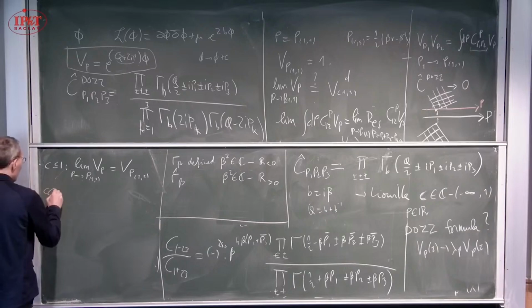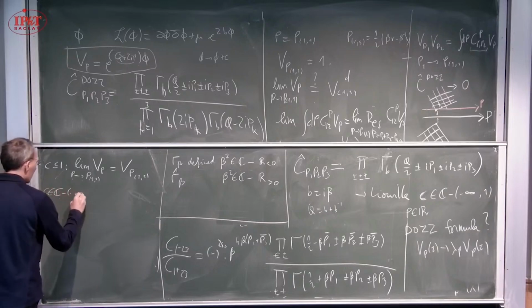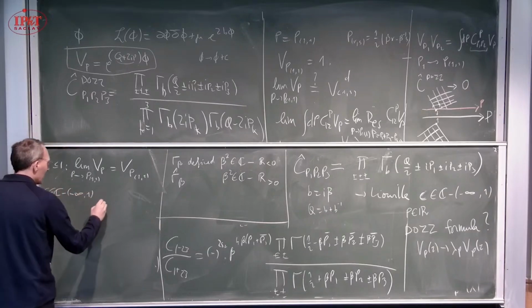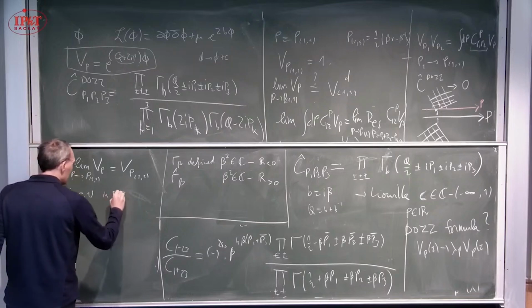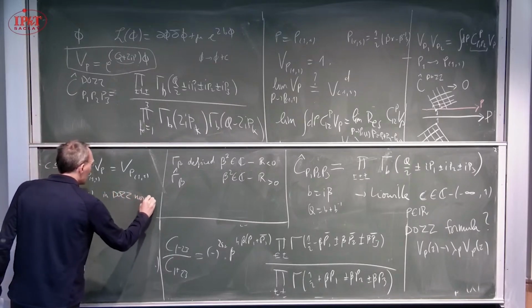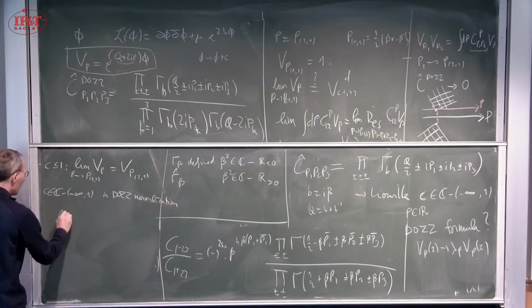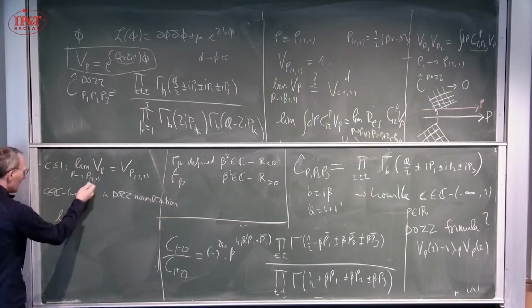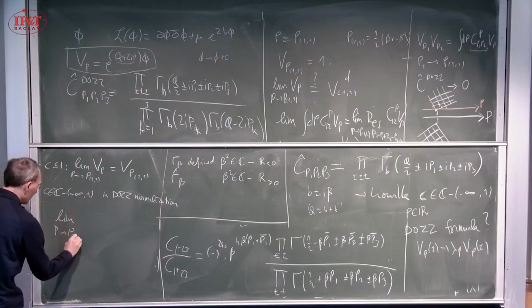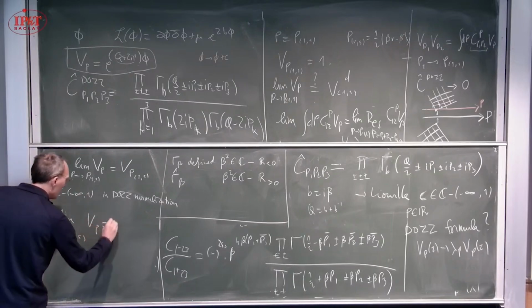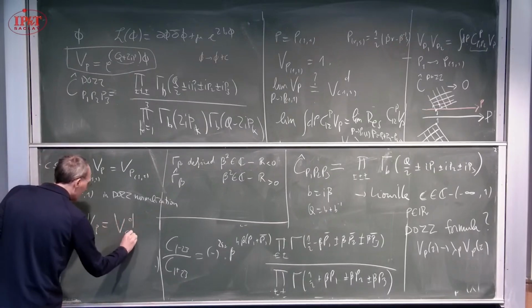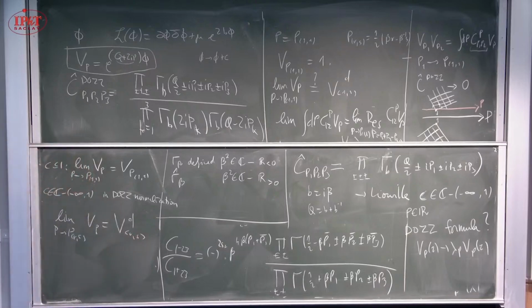And now for c generic in the DOZZ normalization, actually it works not just for P11, but for any degenerate momentum P_RS, the limit of V_P is a degenerate field. That's a remarkable property of Liouville theory.